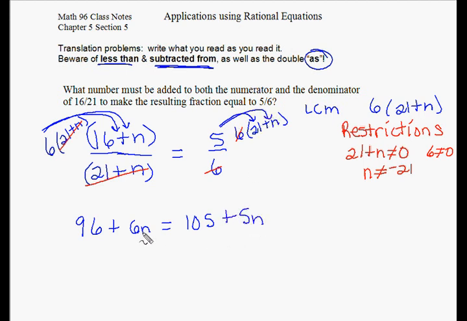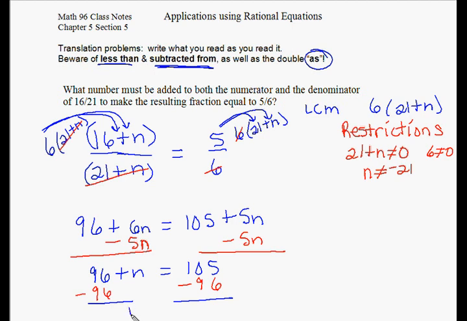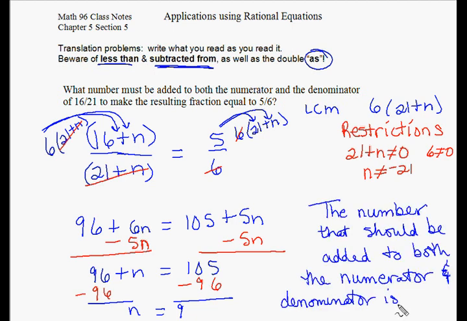We have n on both sides of the equation, so if we add the opposite, we will have 96 plus n equals 105. Adding the opposite of 96 to both sides of the equation, we have n is equal to 9. In word problems, make sure you answer in words. The number that should be added to both the numerator and the denominator is 9.